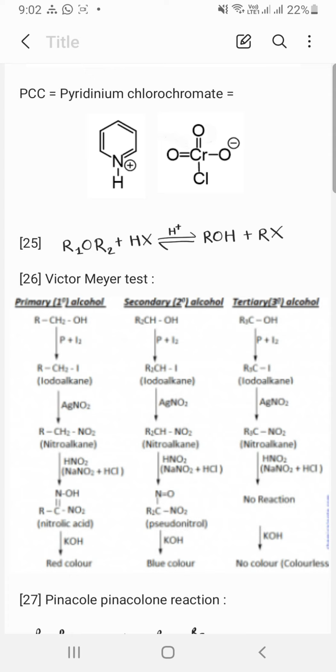So I just told you that when you got ROH plus RX in sodium metal, that will give you ROR plus NaX. You can also use this ether that you got and treat it with HX to give this thing. If you treat it with H2SO4, then you will get two alcohols basically. So it's ether hydrolysis. Ether hydrolysis is not so common because ethers are much more stable, right?